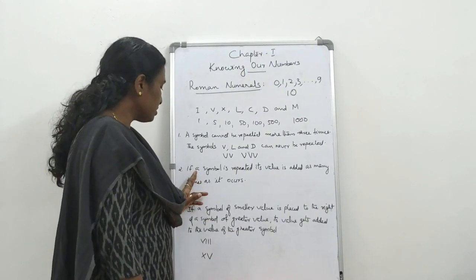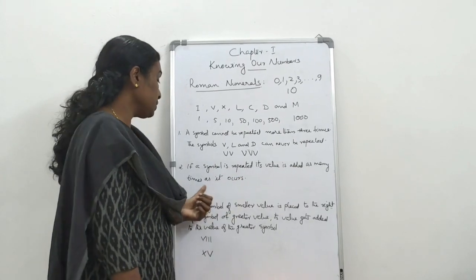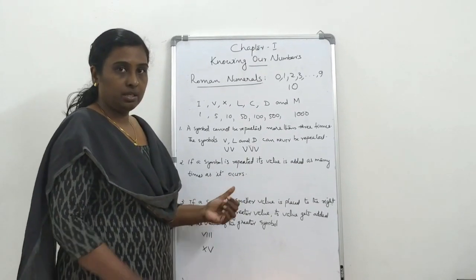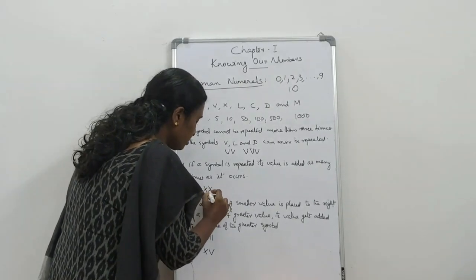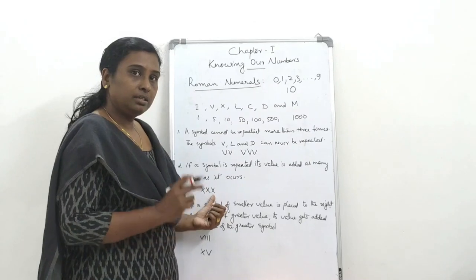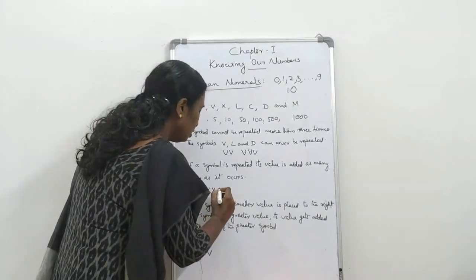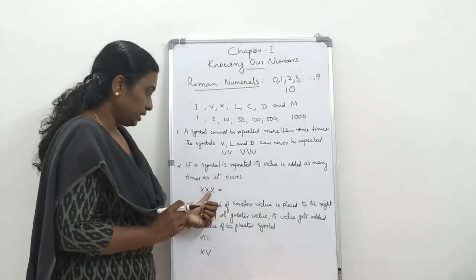The second rule is, if a symbol is repeated, its value is added as many times as it occurs. For example, if X is repeated 3 times, X represents 10. So, its value is obtained by adding 10 3 times.